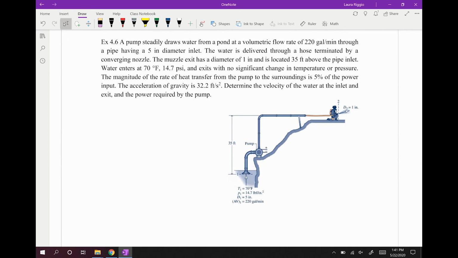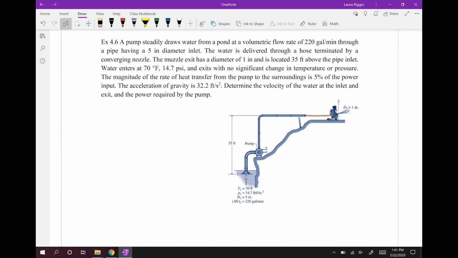Now we're going to look at an example for a pump. A pump at steady state draws water from a pond, at a volumetric flow rate of 220 gallons per minute, through a pipe having a 5-inch diameter inlet. The water is delivered through a hose terminated by a converging nozzle. The nozzle has an exit diameter of 1 inch and is located 35 feet above the pipe inlet.